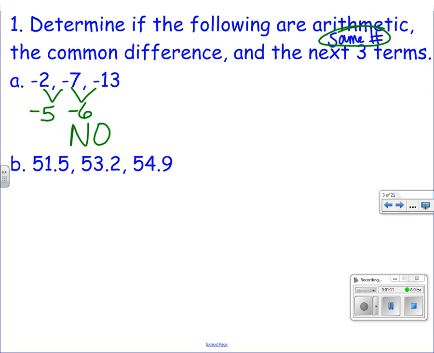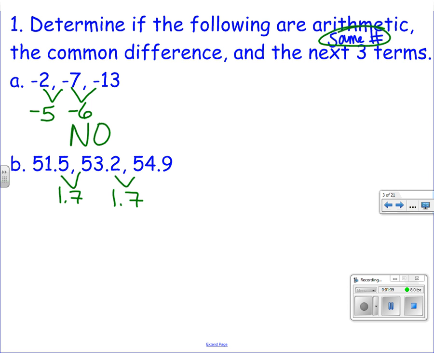Number 1B. Eden, what would I need to type in my calculator? Good. Anybody done that? 1.7. All right, then I type in 54.9 minus 53.2, and you get 1.7 again. So Jasmine, is this one a yes or a no?